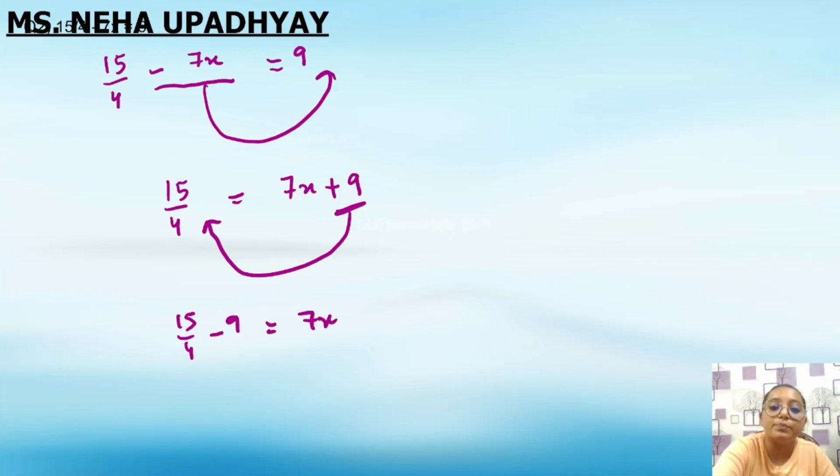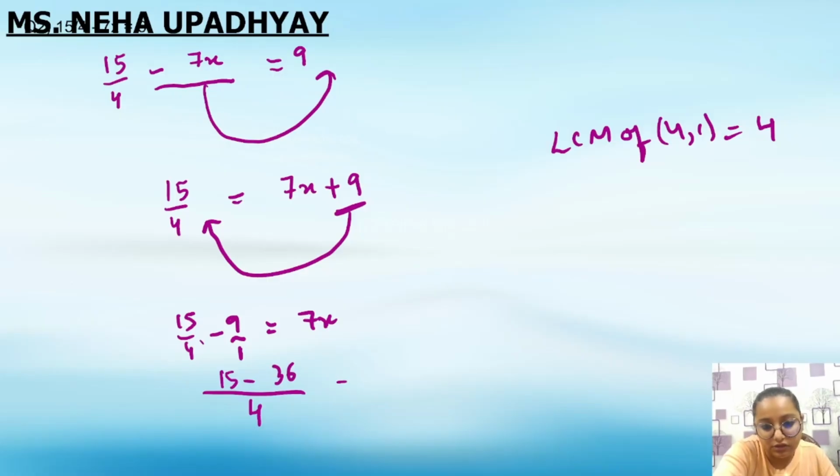Now 9 has denominator 1, and we will take the LCM. What is the LCM of 4 and 1? The LCM of 4 and 1 is 4. So we put 15 as it is, minus. What is 9 times 4? 36, which is equal to 7x.